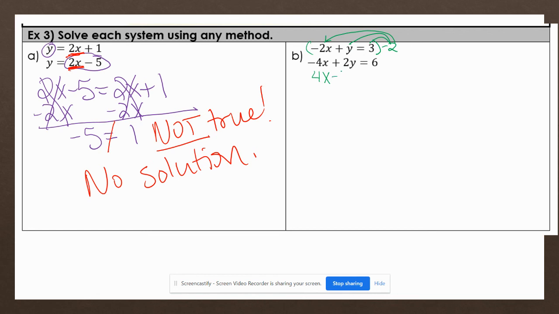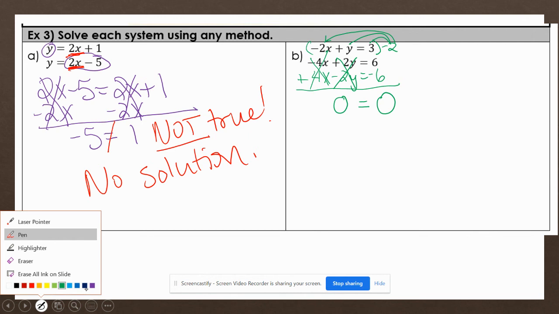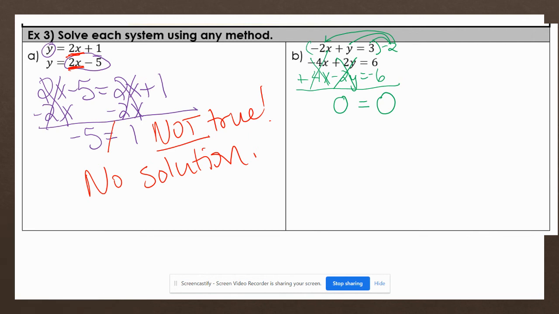Negative 2 times 1 is negative 2y. And negative 2 times 3 is negative 6. So now when I add these together, 4 minus 4 is 0. 2 minus 2 is 0. So I have 0 over here, then an equal sign. 6 minus 6 is 0. Oh, well, 0 minus 0, that's true.